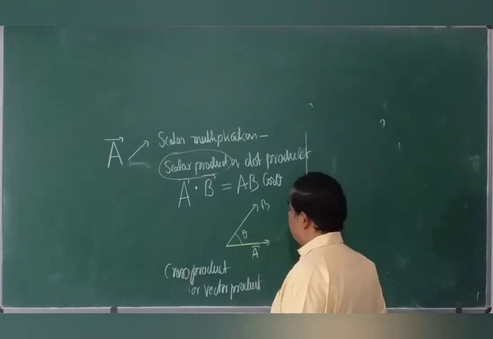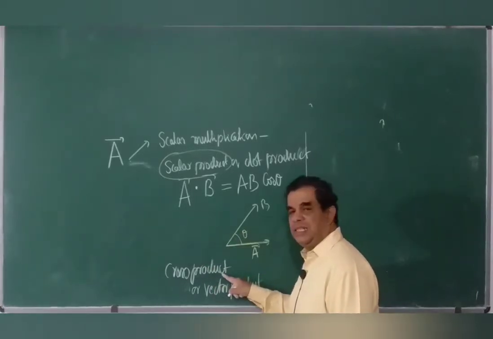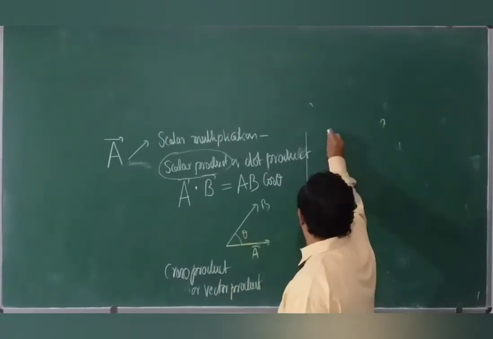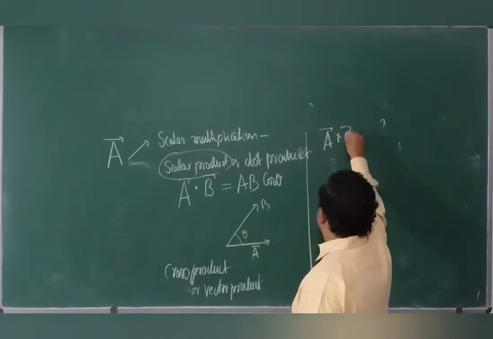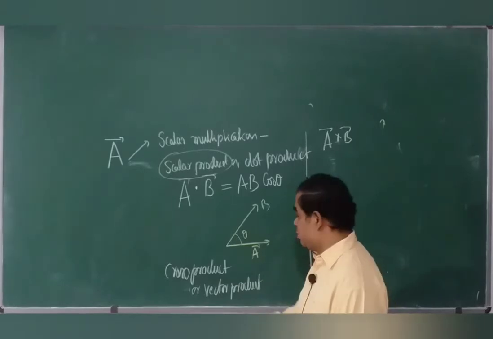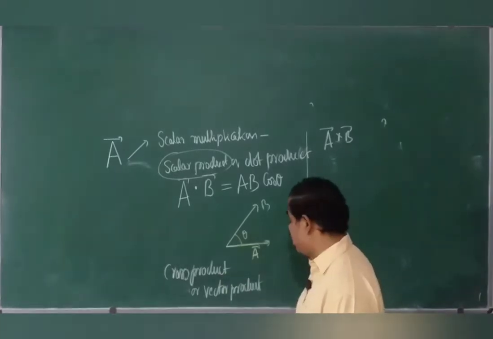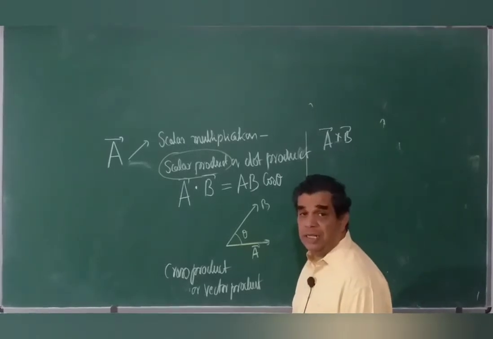Just like the way in which we write, that tells us cross product. I write down A cross B. As we are putting a cross sign between them, that's why we call it as cross product. Vector, because it results in a vector quantity.